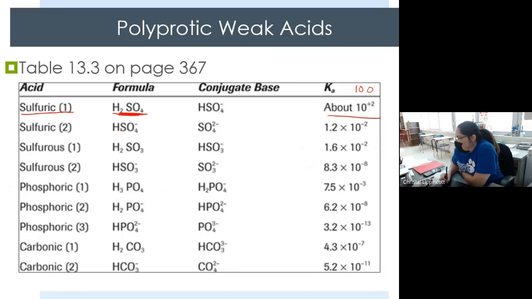But then if you try to take another hydrogen away so that it looks like this, that Ka value is less than 1. That means that the second hydrogen off of here is actually a weak acid. This is strong. This is weak. And you can see here all of these all the way along the line are way less than 1. So all of these are considered weak acids.